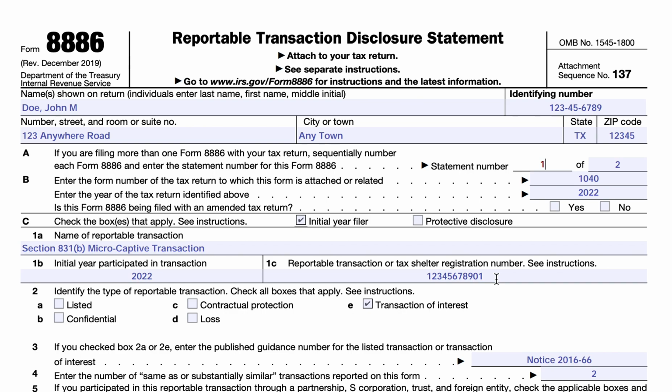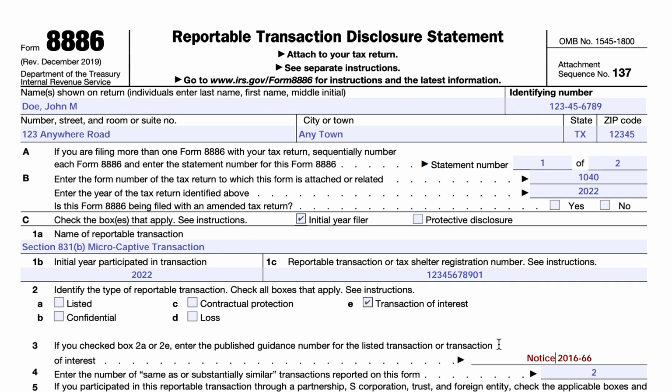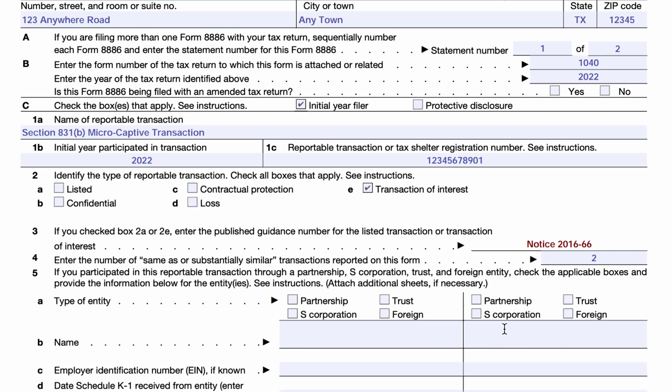So this particular transaction, the micro captive transaction, was published in Internal Revenue Notice 2016-66. We'll just say that John Doe participated in 2 of these through a partnership. So it actually was through an S corporation.